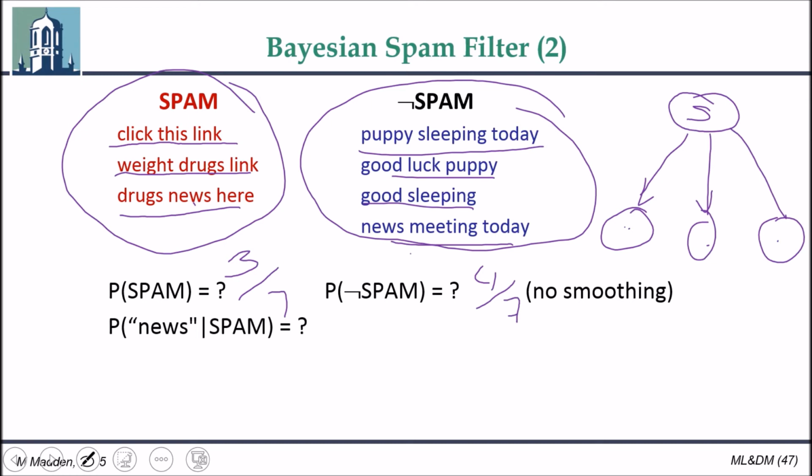What about the probability of the word news, given that it's a spam message? Well, here are the spam messages. There are 1, 2, 3, 4, 5, 6, 7, 8, 9 words in our collection of spam, and of those words, news occurs once. So we're not counting unique words, we're counting the occurrences of words.